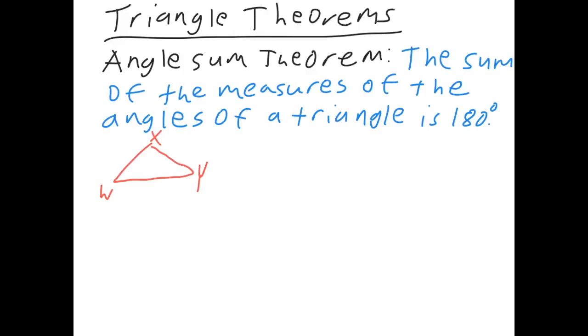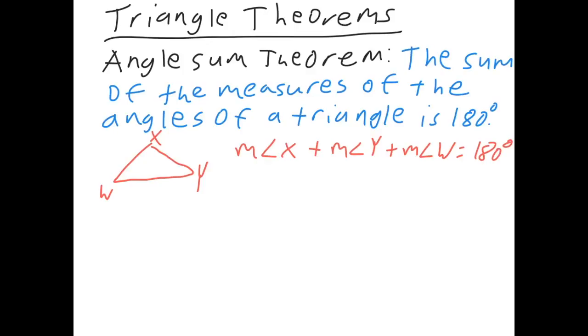So if you have a triangle, WXY, then we can say the measure of angle X plus the measure of angle Y plus the measure of angle W is 180 degrees.